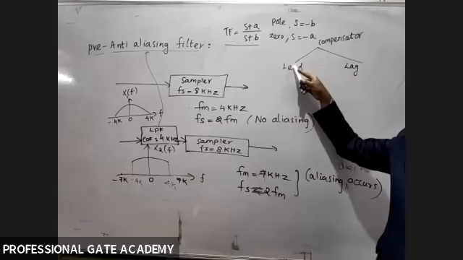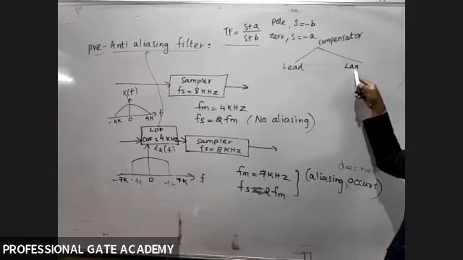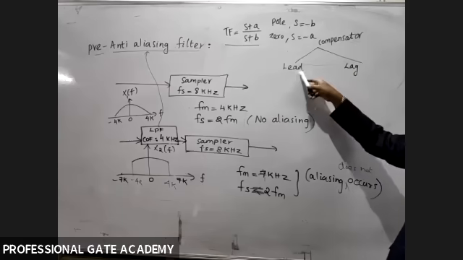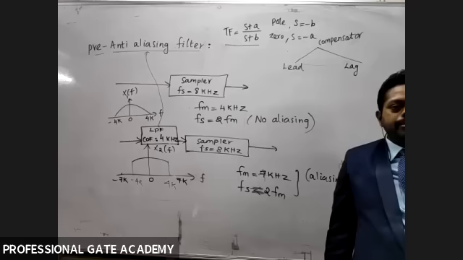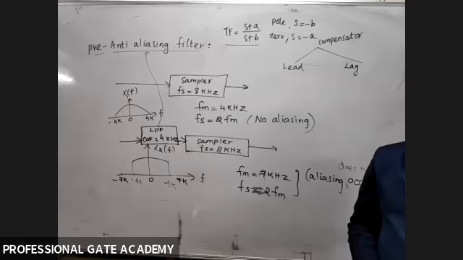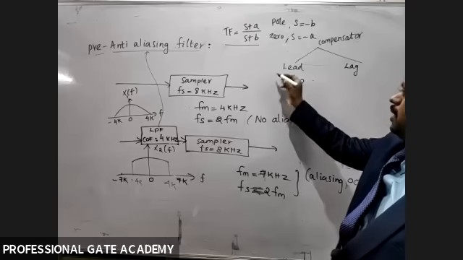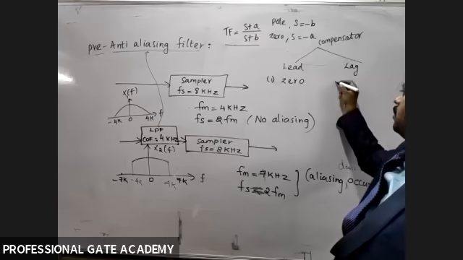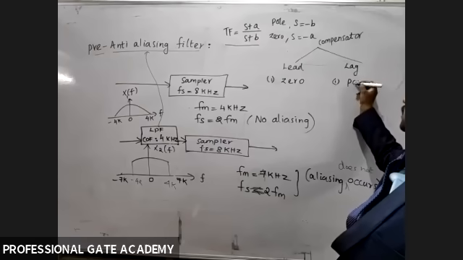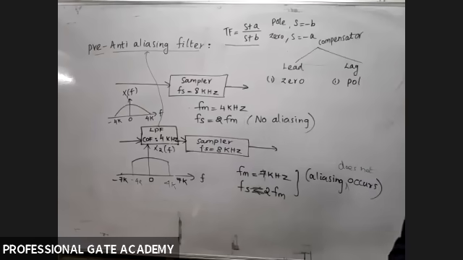For the lead compensator, which one is dominant, pole or zero? Zero is dominant. For the lag compensator, which one is dominant? Pole is dominant.